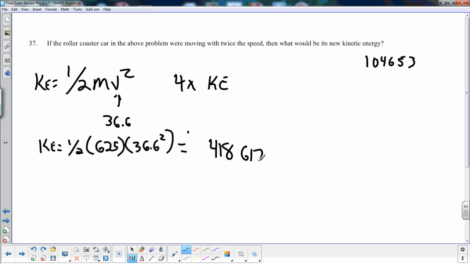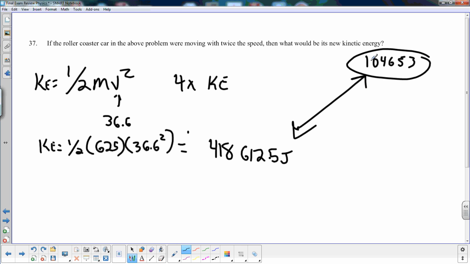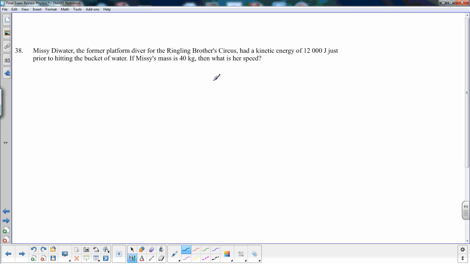So let's do some math. 24,000 equals 40 v squared. 24,000 divided by 40. Take the square root of that. 24.5 meters per second. That's about 50 miles an hour.